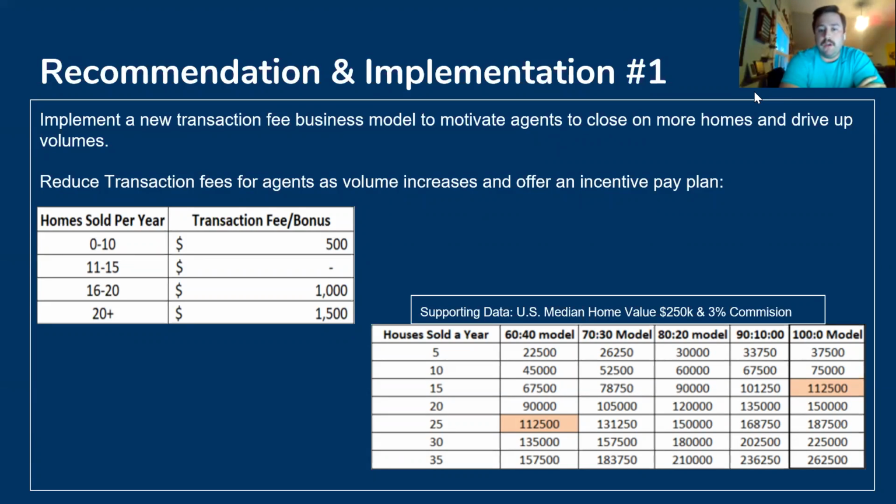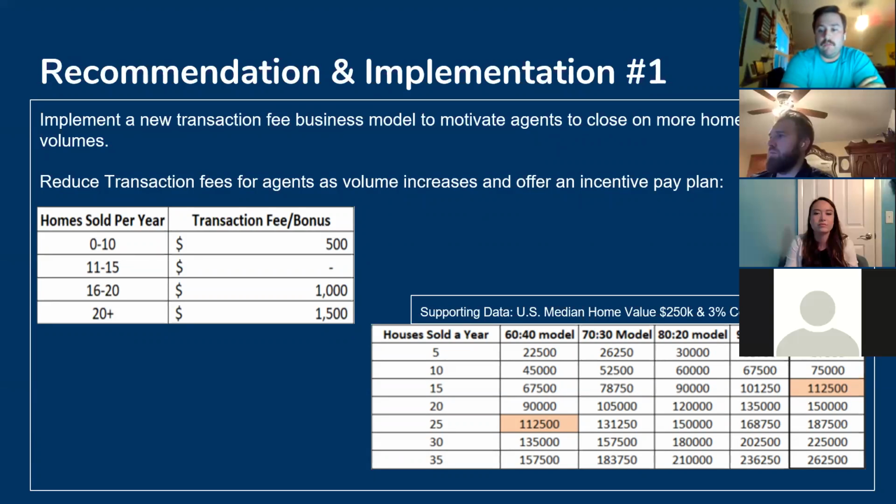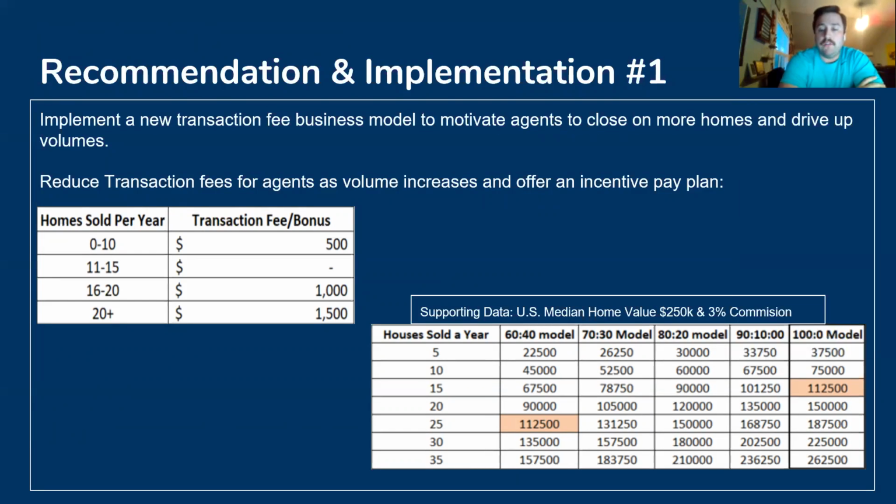So if you look down on the bottom right-hand side, you see supporting data for the U.S. median home value of $250,000, and it's based on a 3% commission rate. A traditional brokerage typically offers a 60-40 model, 60% of earnings to the agent and 40% to the brokerage. In order to reach financial security, which in our case we are saying is over $100,000 a year in earnings, an agent would have to sell 25 homes.